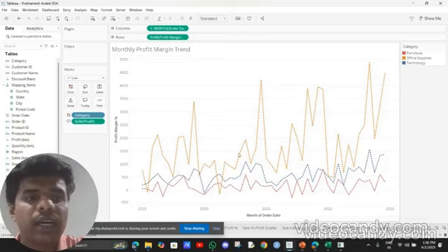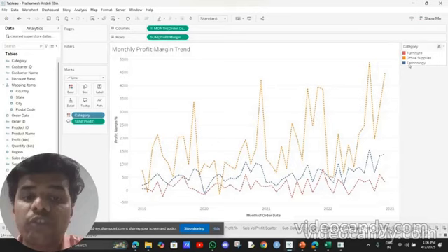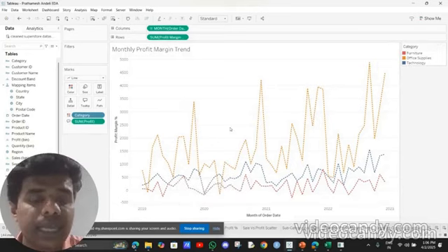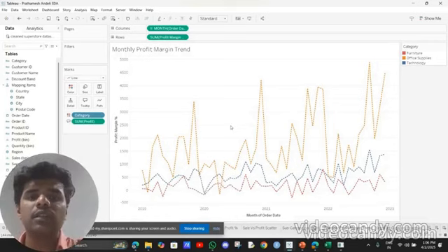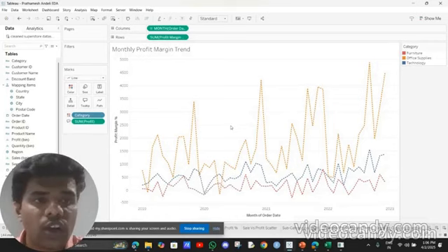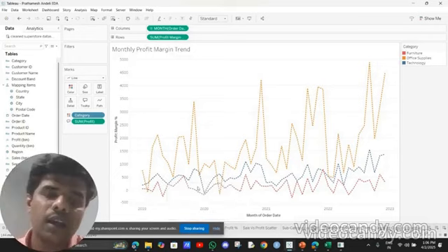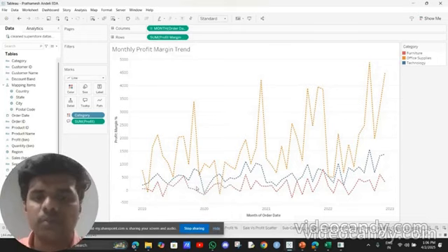And when it comes to technology, the profit margins are at a moderate level, not that fluctuating, and there is no seasonal fluctuation in technology and furniture, because these both, blue and red, are almost along the x-axis if we smoothen that line much more.